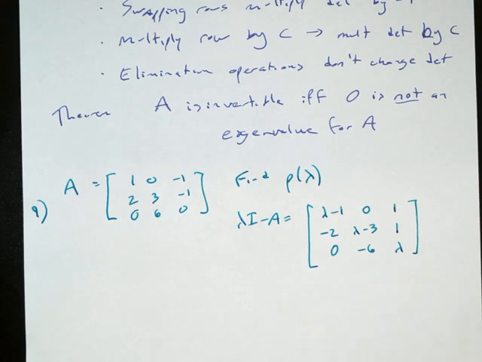My first reaction was I was thinking, hey, the bottom row is going to be really nice, except then I end up putting a lambda in it. Phooey. If I wanted to start doing some row operations here, I'd need to make a 1, right? Where would the 1 go?